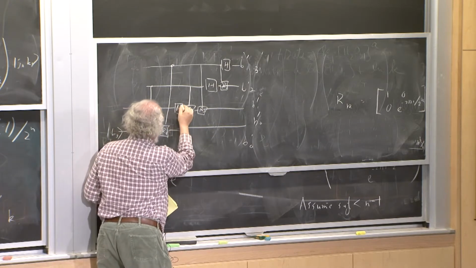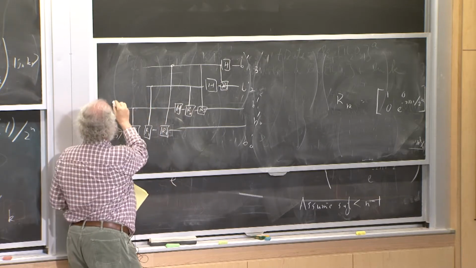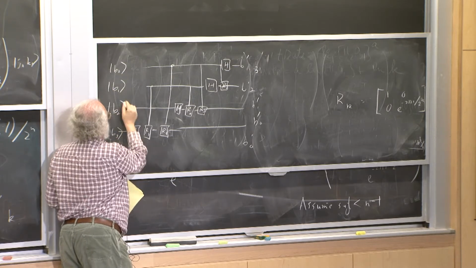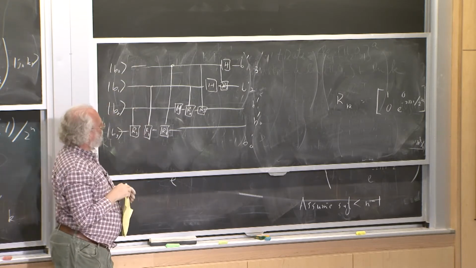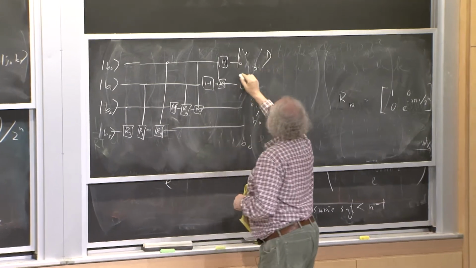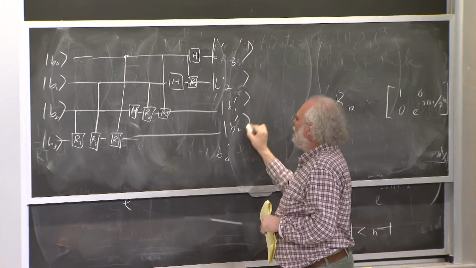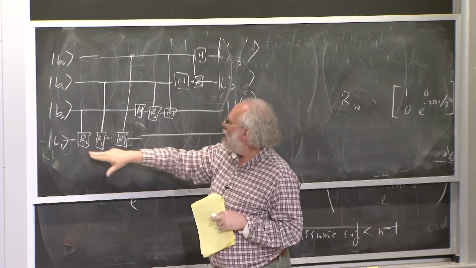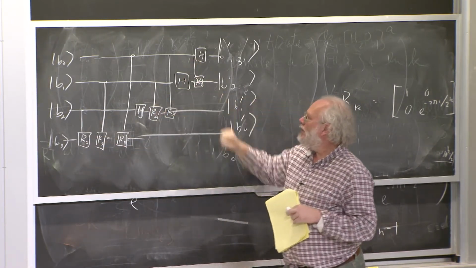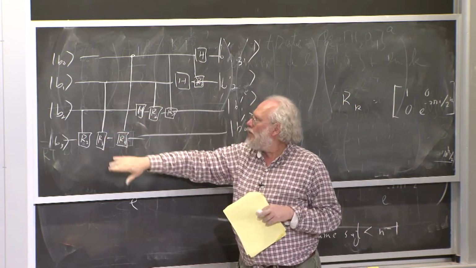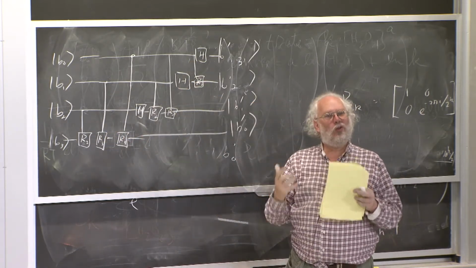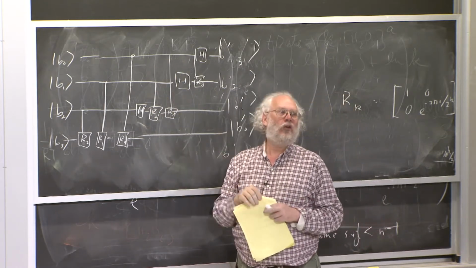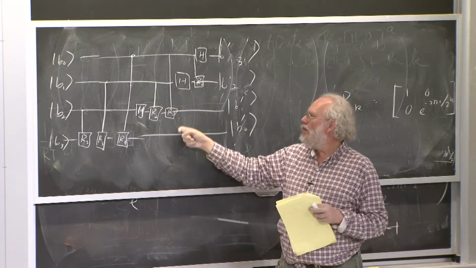And so can everyone read this? So I've put an R2 between all adjacent qubits, an R3 between all pairs of qubits which are 2 away, and R4 between all pairs of qubits which are 3 away from each other.